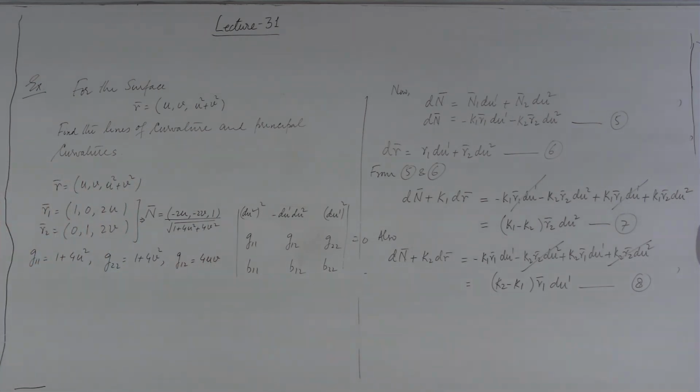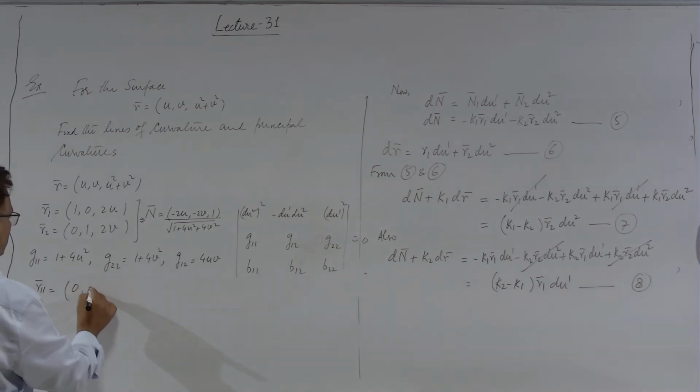These are the Gij's on the given surface. Now, Bij's, so first starting from B11, it is n dot R11. So, this is R11 also I must compute. We forgot to compute R11, it is constant 0 0 2.